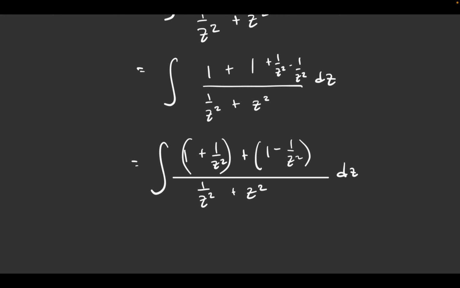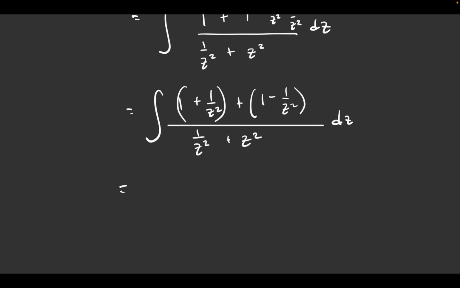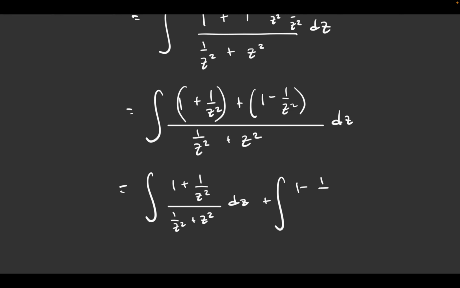Bakit kaya ganito? Okay? So with this, pwede nating ma-apply ang sum and difference na integration rule wherein we can separate this as the integral of 1 plus 1 over z squared over 1 over z squared plus z squared dz, plus the integral of 1 minus 1 over z squared over 1 over z squared plus z squared dz. Okay.